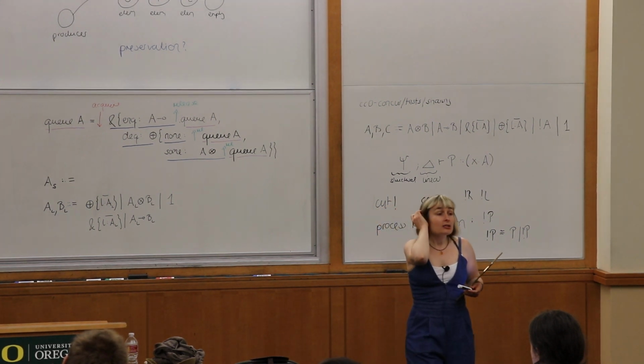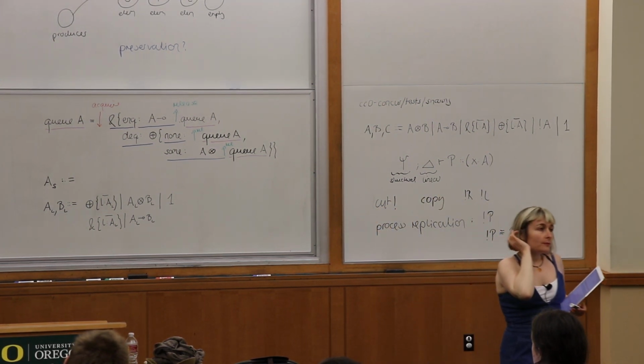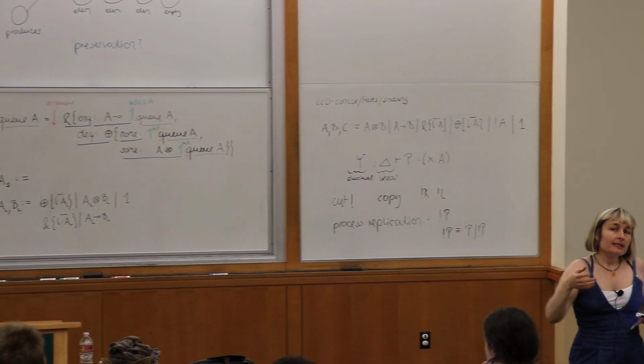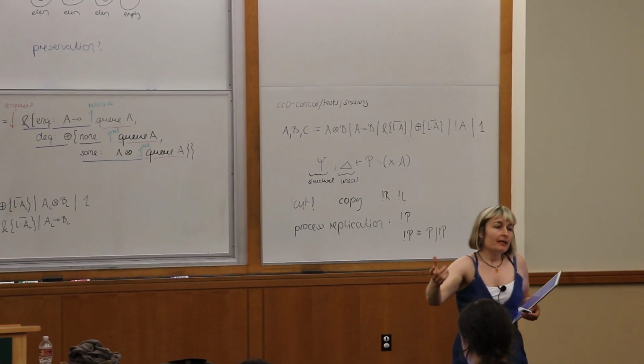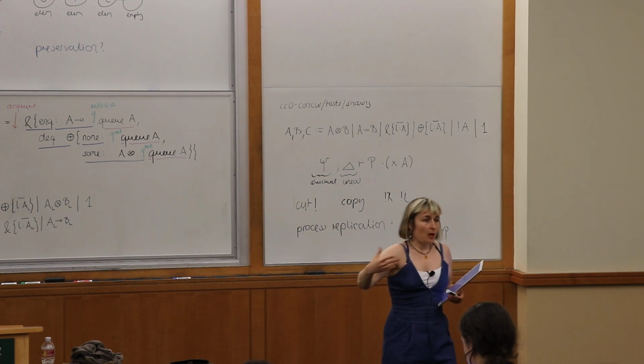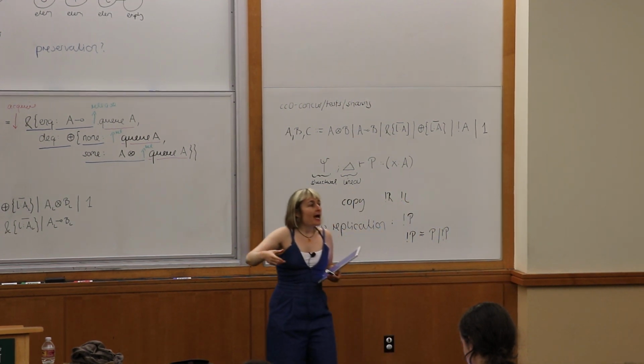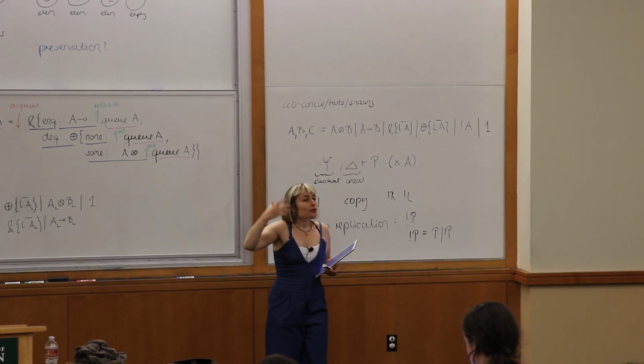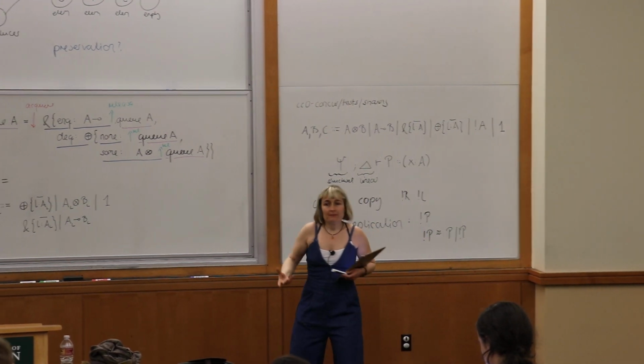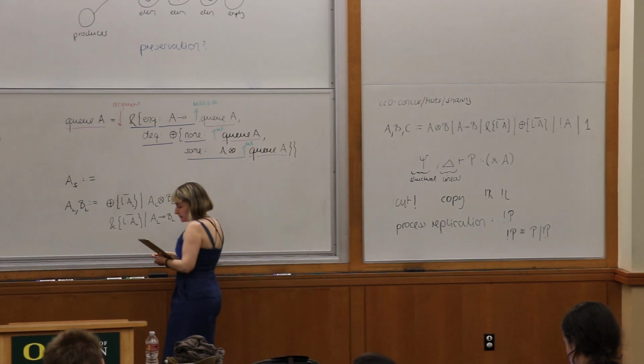Okay, so now we can use basically ideas from an adjoint formulation of logic, and we can express the acquire and release as modalities, as so-called shifts. So let's do that.